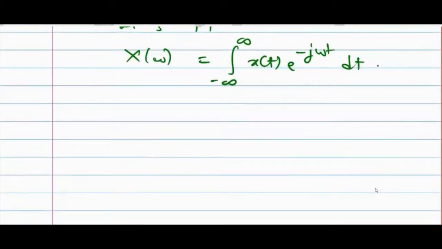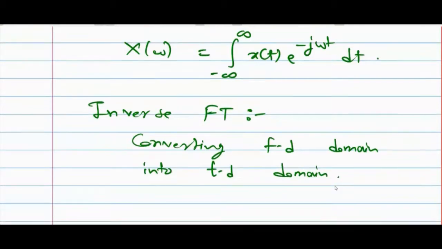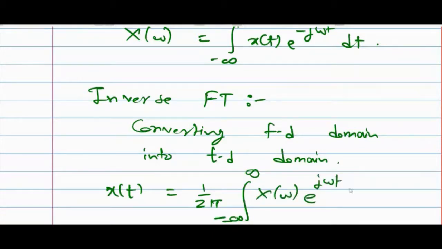Then inverse Fourier transform. What is the meaning of inverse Fourier transform? Converting frequency domain signal into time domain. So the definition of inverse Fourier transform is, small x of t equal to 1 upon 2 pi integration minus infinity to infinity x of omega e raised to power j omega t d omega.